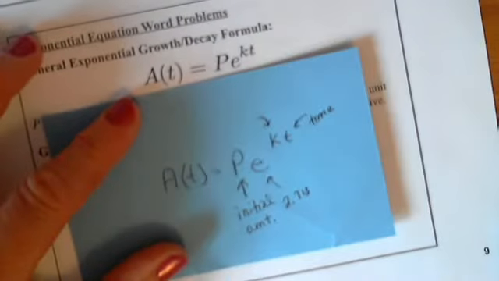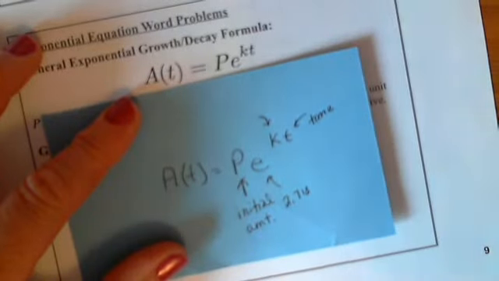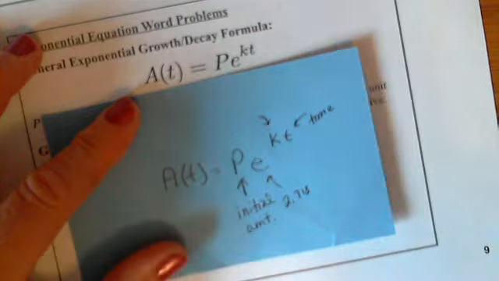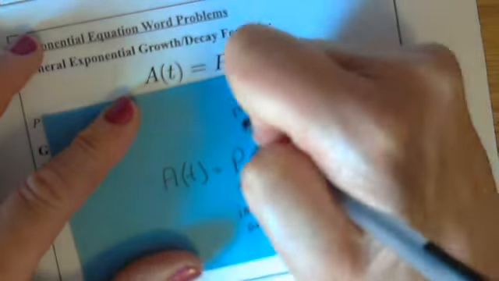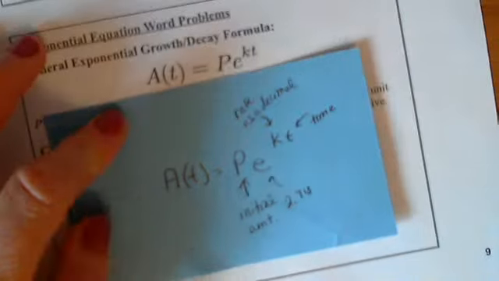So if something's increasing by 10%, we're going to use 0.10. If something's decreasing by 40%, we're going to use 0.40. So this is rate as a decimal. Okay? So make sure you get all those things identified.